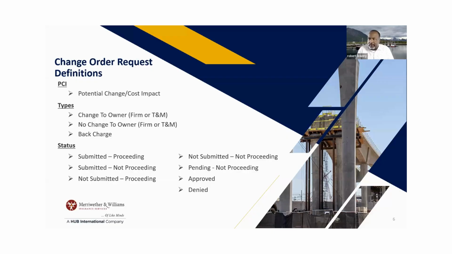Then the others is you have not submitted and you have not proceeded. So that is like, hey, that's kind of like a notification there. Then the other one is pending and not proceeding. Then the last two is got approved or denied. With the approved, there could be an approved under protest.